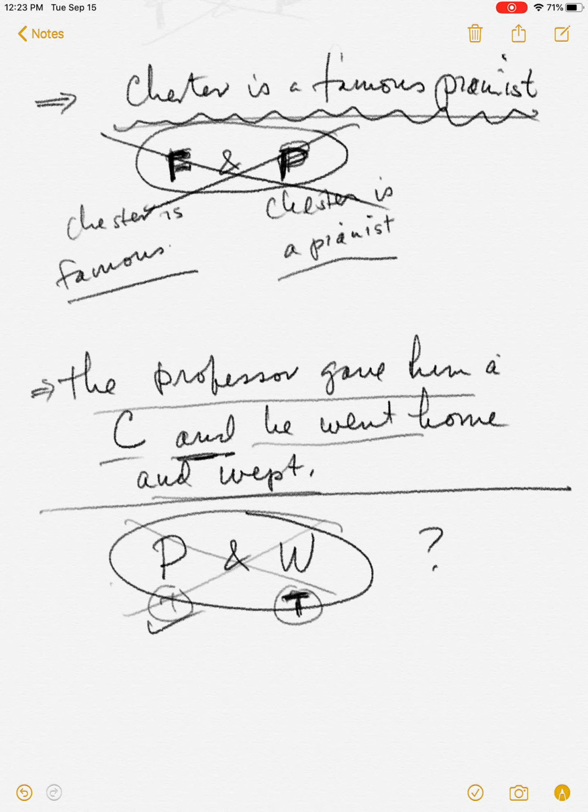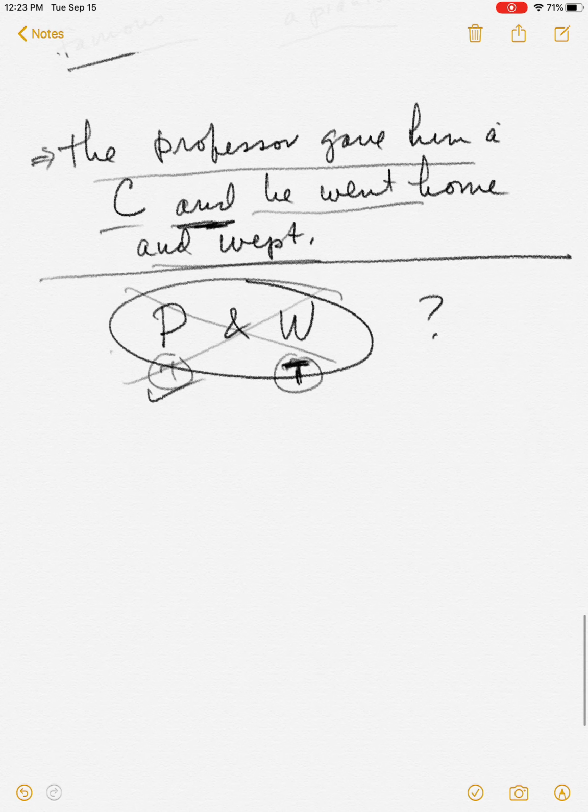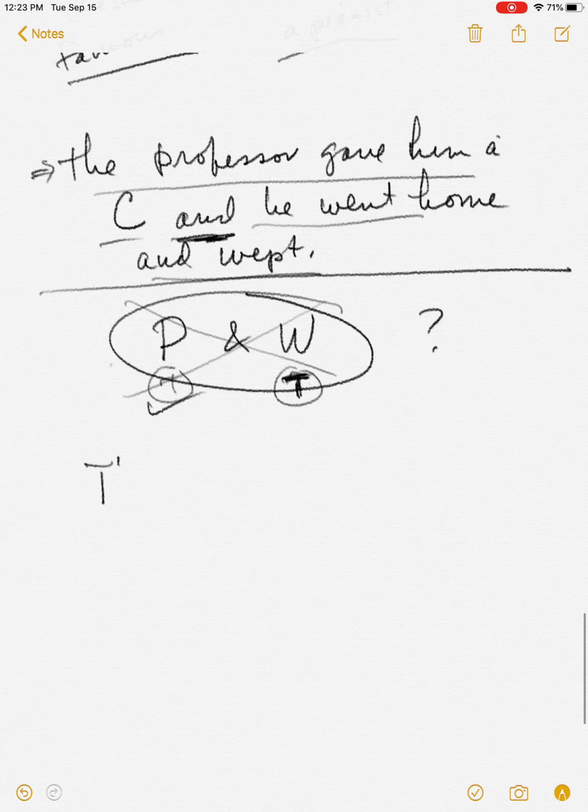So his weeping might not have anything to do with the grade the professor gave him. So this is being used causally, and we can't capture that using the truth functional ampersand. Similarly, "the team won and the crowd went crazy." It's a similar example.